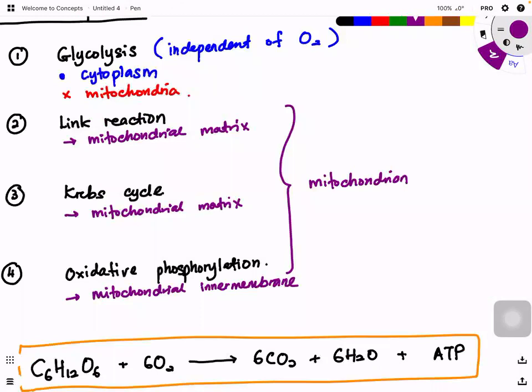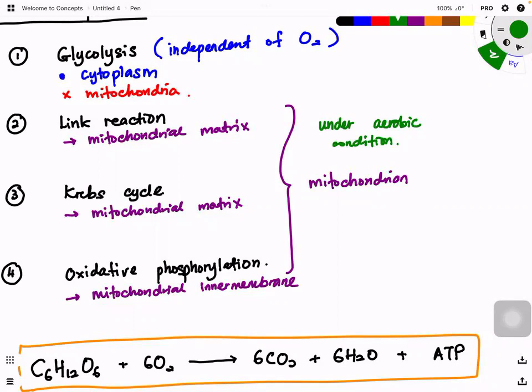So these three processes must take place inside the mitochondria, and they have terms and conditions. What is the term and condition? The condition must be aerobic. If it is anaerobic, basically the reactions won't take place.